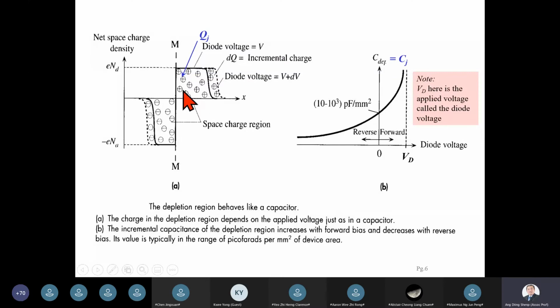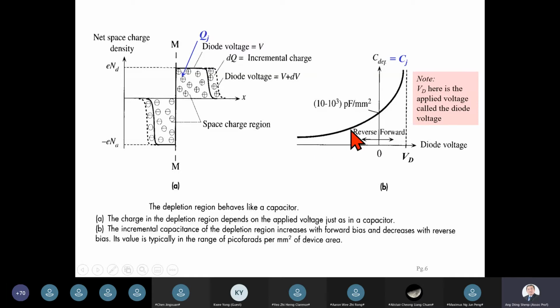As a result, you can think of it like this: the separation between the positive and the negative plates changes according to the voltage you apply across the PN junction. And as a result, the capacitance value is not constant, but varies with the voltage across the PN junction. So this is a major difference between the junction capacitance and the parallel plate capacitance, although the two expressions are almost identical.